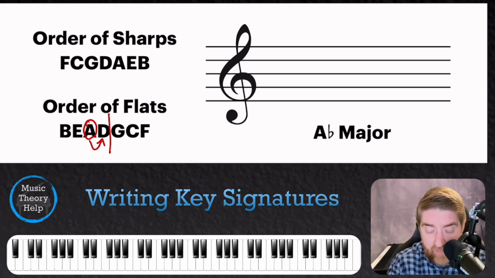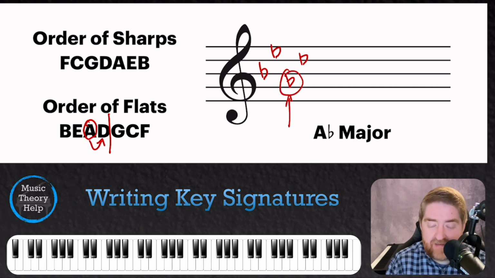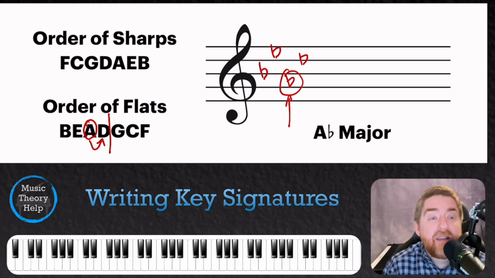So we'll start with B flat, E flat, A flat, and D flat. And we will see that our second to last flat is A flat. You can always check your work that way by looking at the second to last flat after you've written your answer.